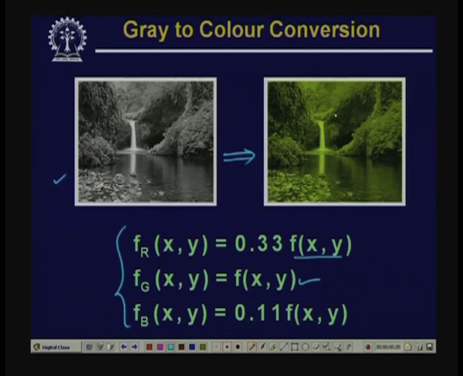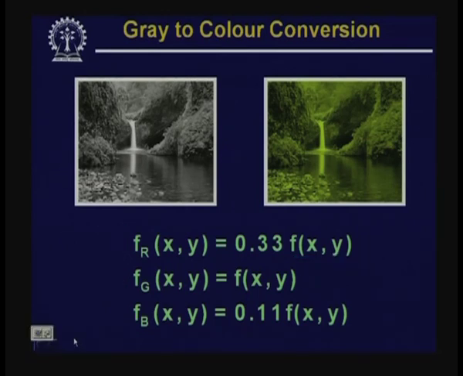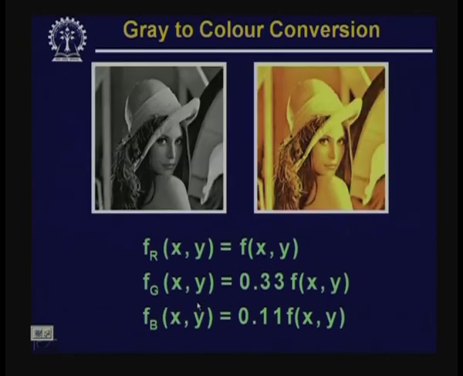So, here you find that if I compare the earlier image with this, in our earlier case, the colored image was showing more of the red component, because in that case f_r was the same as f(x,y), whereas green and blue were scaled down versions of f(x,y).